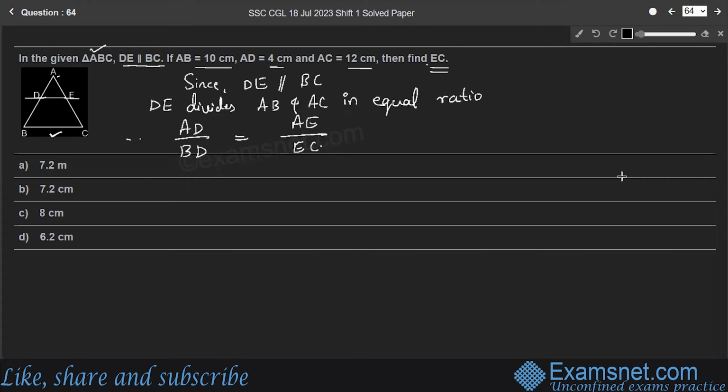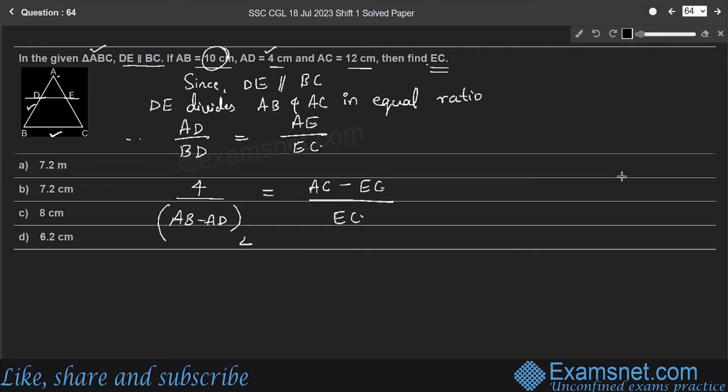AD is given already, AD is 4 centimeter. So 4 by BD. What is BD? Since AB is already given, BD is AB minus AD, equal to AE. Is AE given here? No. AC is given, right? So AE is AC minus EC, divided by EC itself.